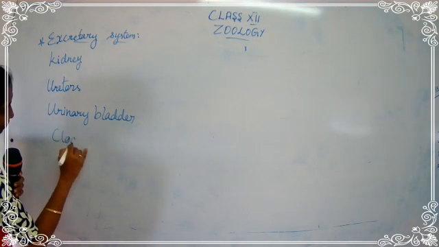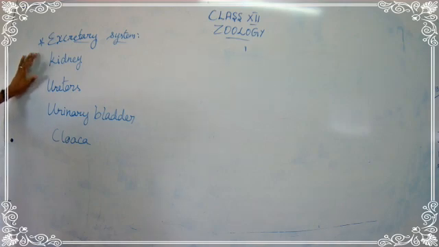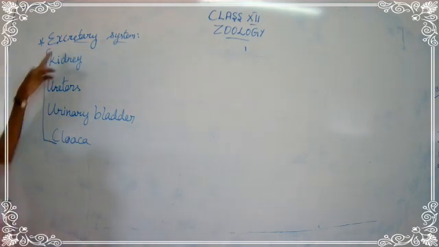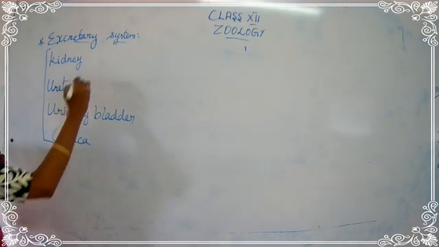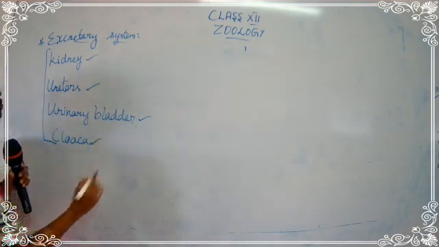Okay. What are those? Pair of kidneys, ureters, urinary bladder and cloaca. These are the components, or parts, of the excretory system of the frog.